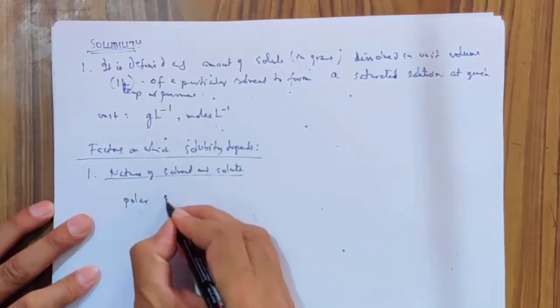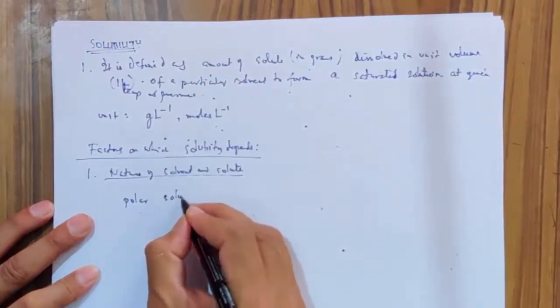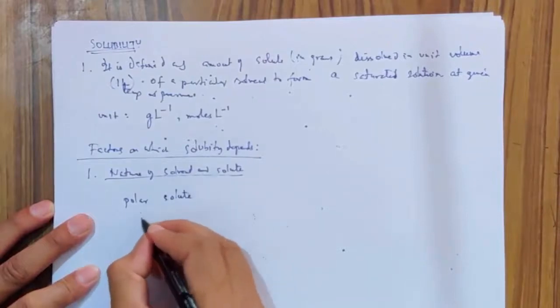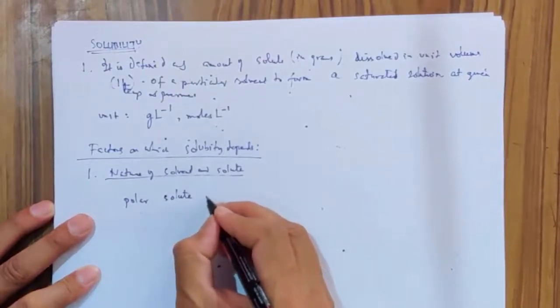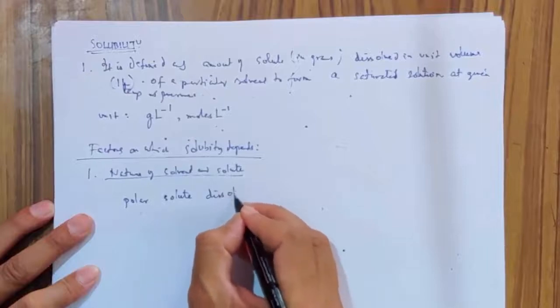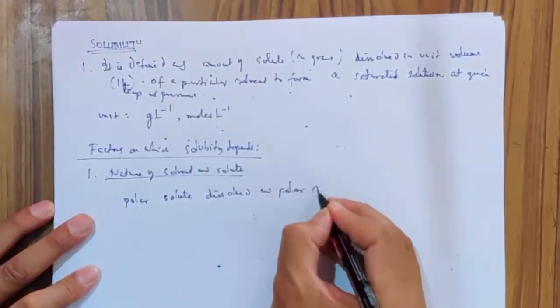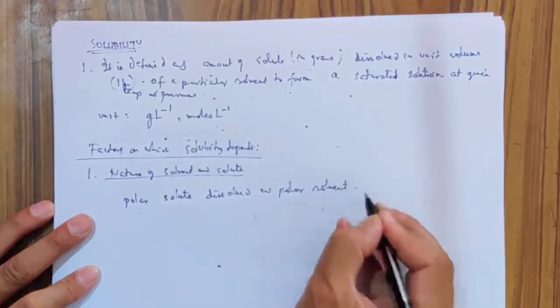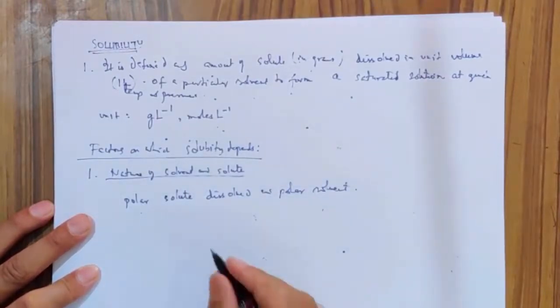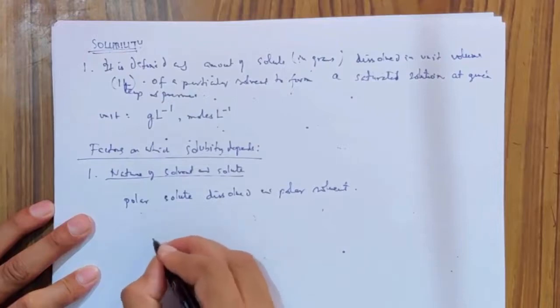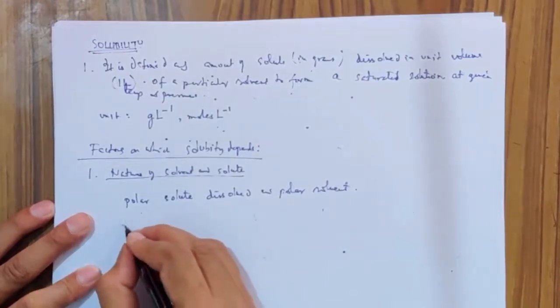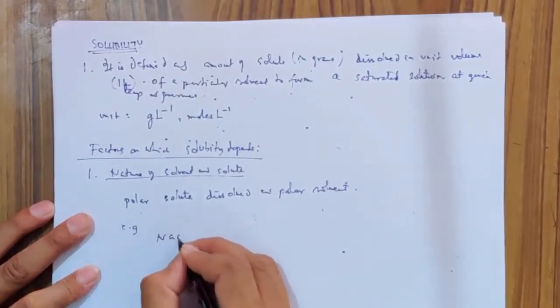Polar solute dissolves in polar solvent. Take alcohol, let's suppose. I'll just give you one example: NaCl, this is very polar.